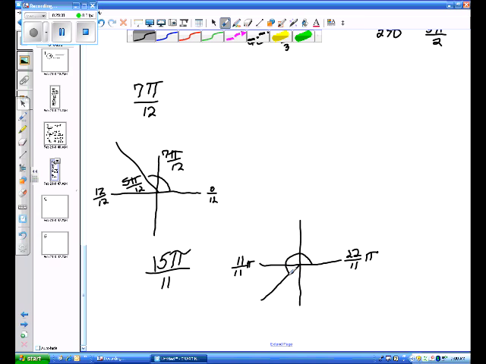We've gone past 11 elevenths, we're at 15 elevenths. We know that 11 elevenths was outside of our angle, so that would give us a reference angle of 4 elevenths pi.